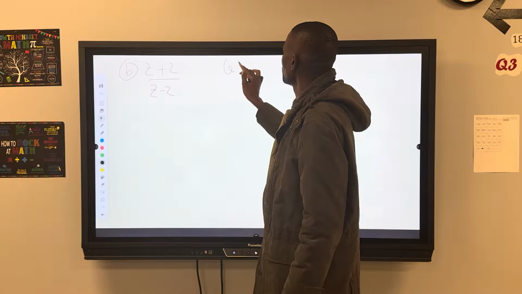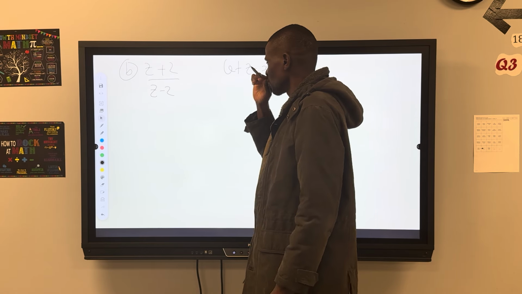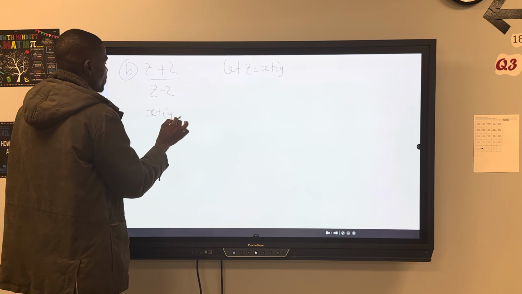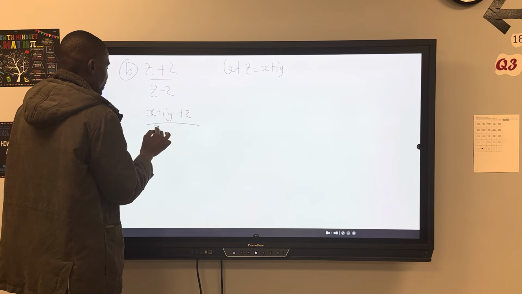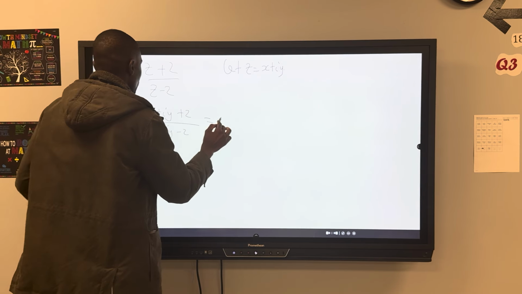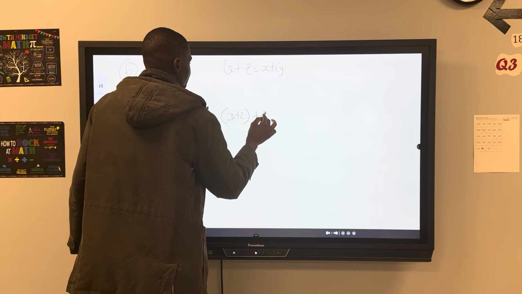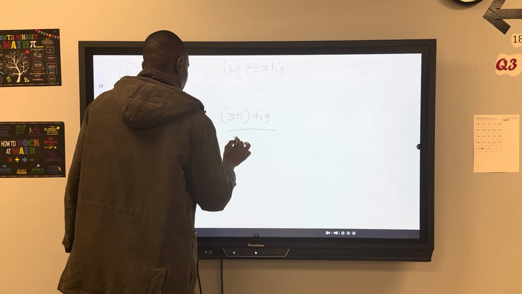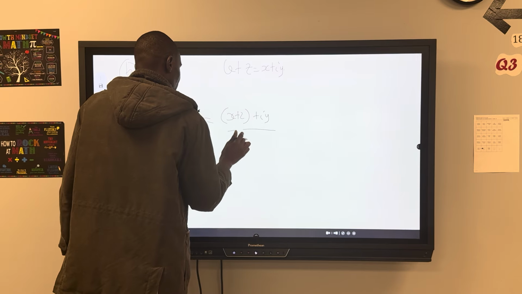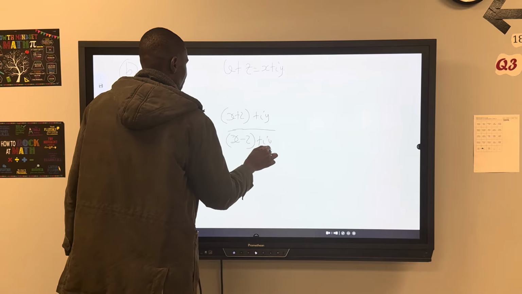So we are going to let z equal to x plus iy. So what it means is that we have x plus iy plus 2 over x plus iy minus 2. So I'm going to combine the real parts together: x plus 2 plus iy over x minus 2 plus iy.